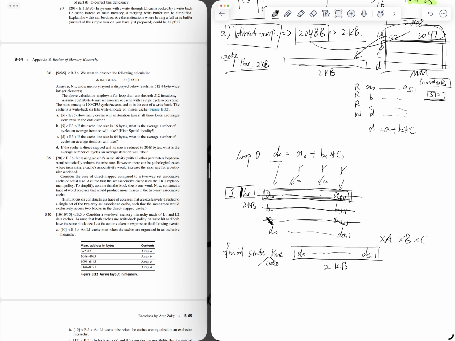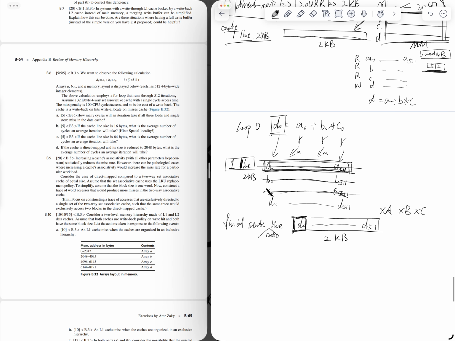Since we are doing the calculation, D0 is being modified. It means it's different from the main memory, right? So if we change this cache line, we need a write back.